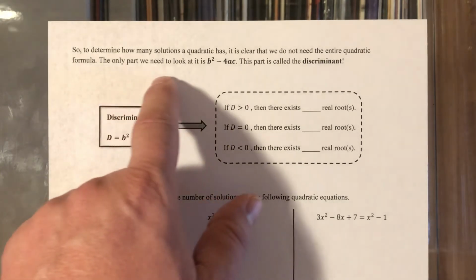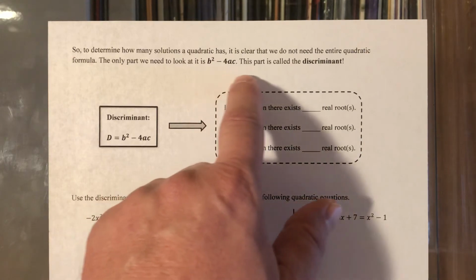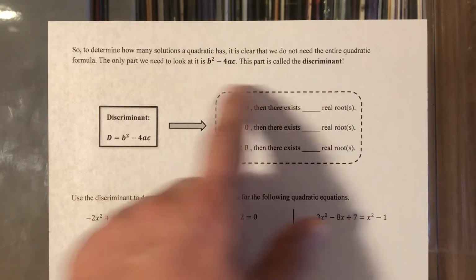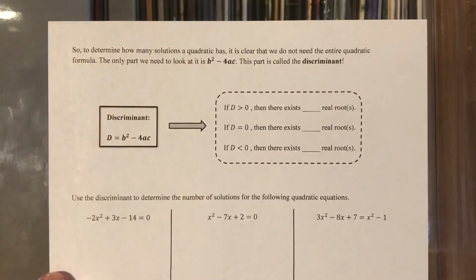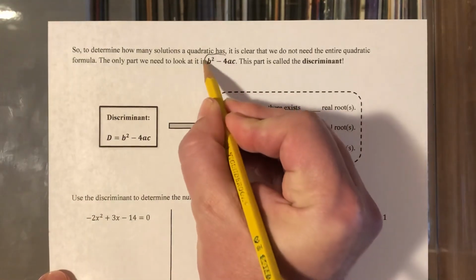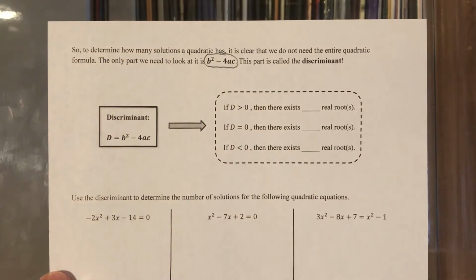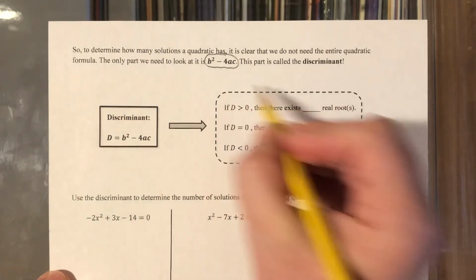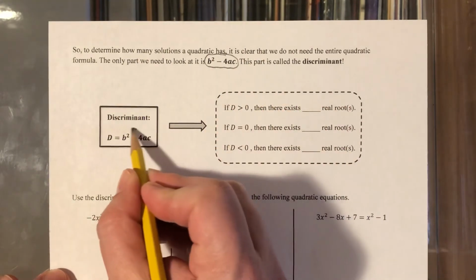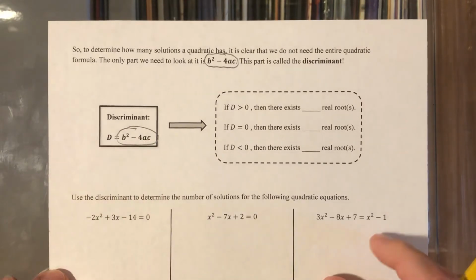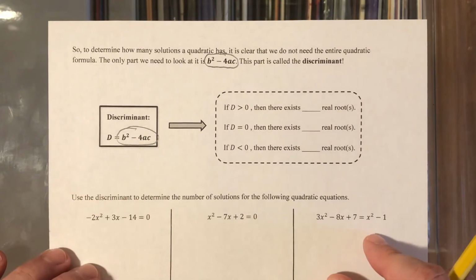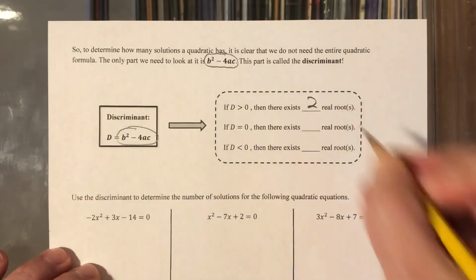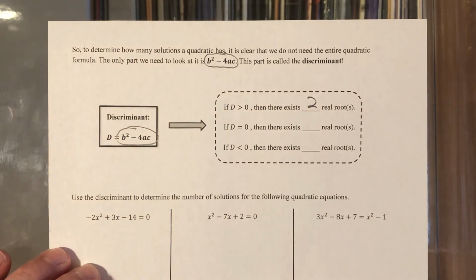So to determine how many solutions the quadratic has, it is clear that we do not need to do the entire quadratic formula. The only part you need to look at is that part under the square root. That's the b squared minus 4ac. That's the discriminant. If b squared minus 4ac is greater than 0, then there are two real roots or two real solutions.